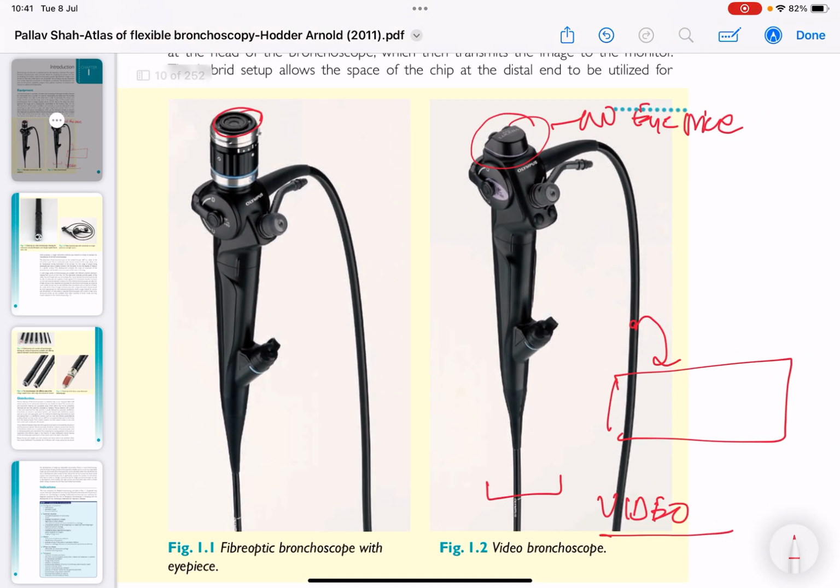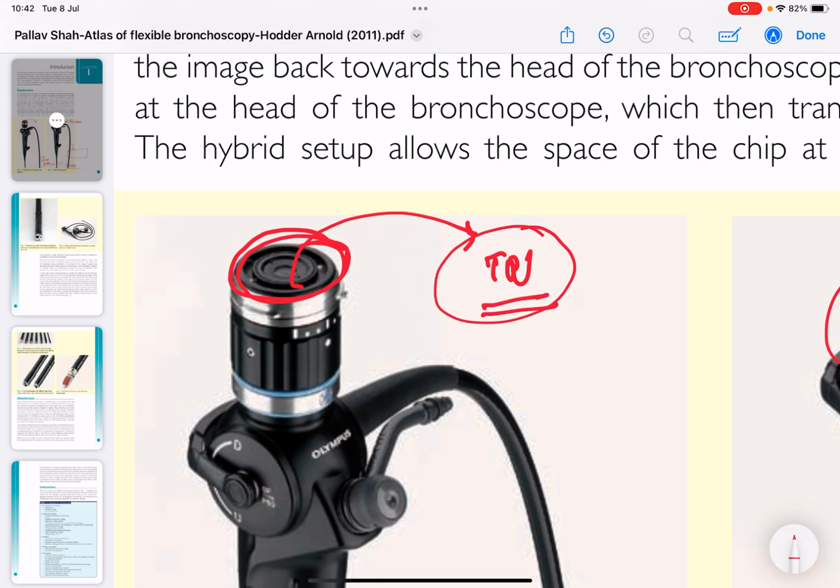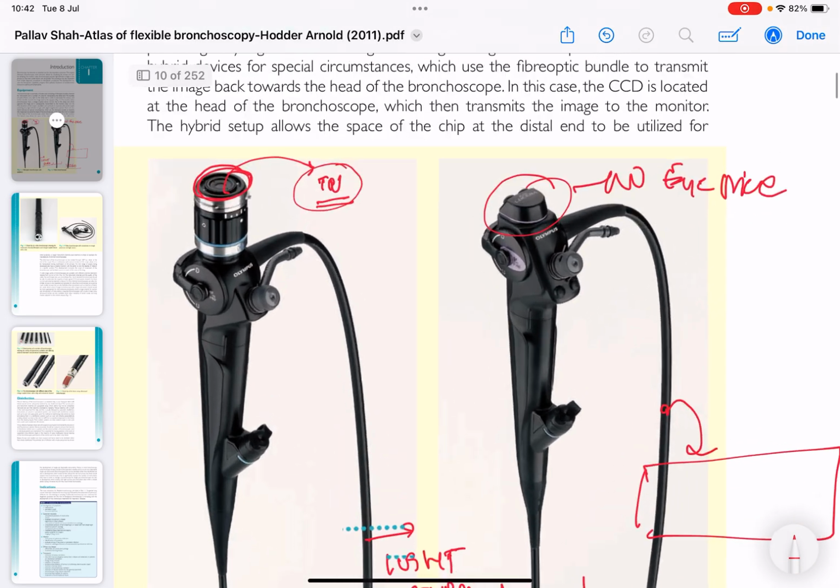Here also this part is connected to the light source. When we convert the flexible scope into video, we put a coupler over the head and attach it to the television, so the video will come from the fiber optic bronchoscope.